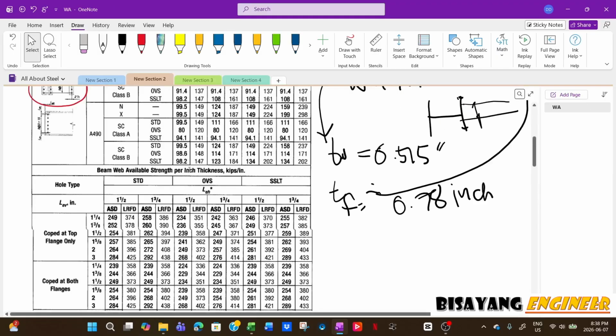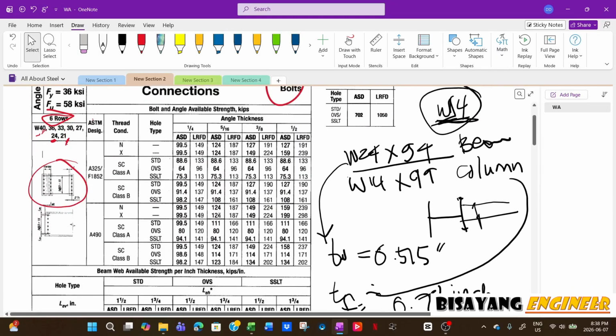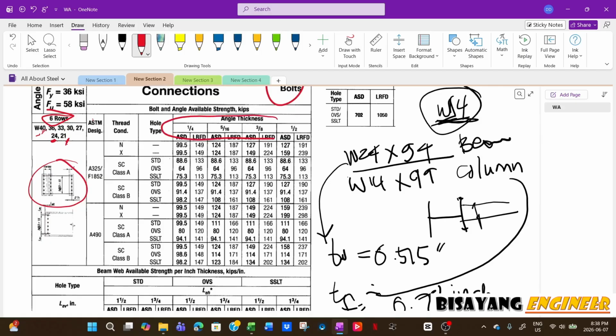So these are the available thicknesses of your angle, and then it has different capacity based on the thickness of the angle, because in connection design you will check everything, like tearing of plates, bearing, both the angle and the beam web.